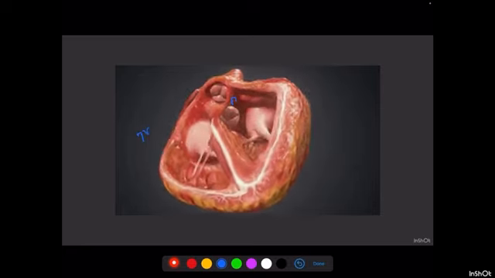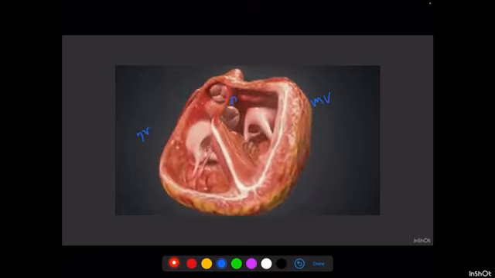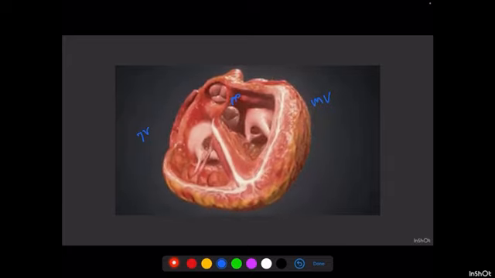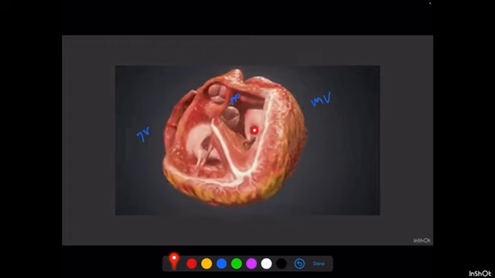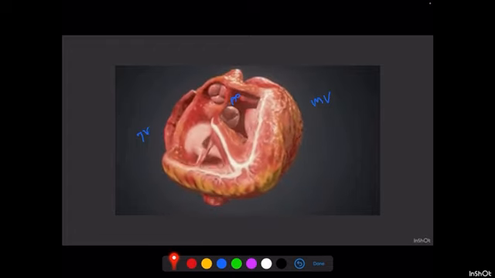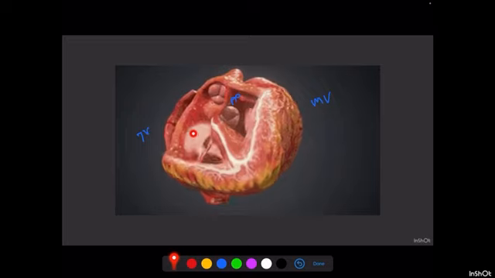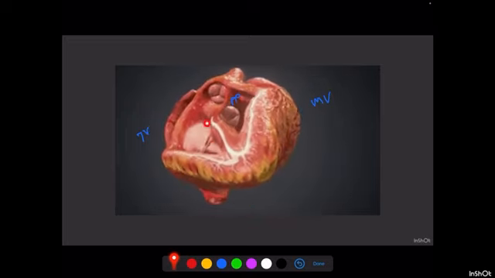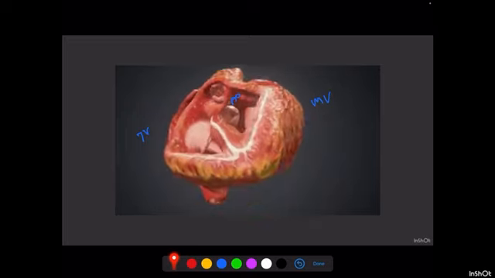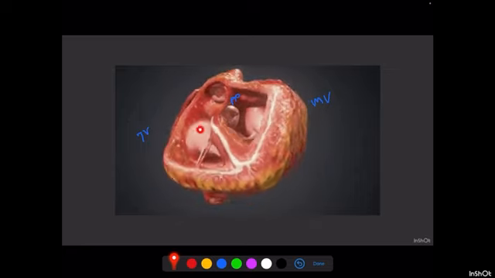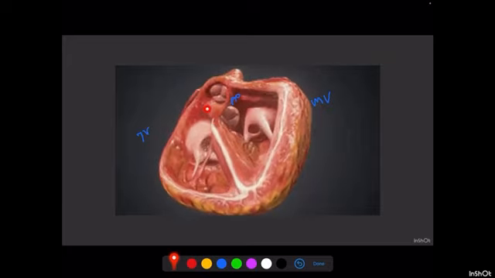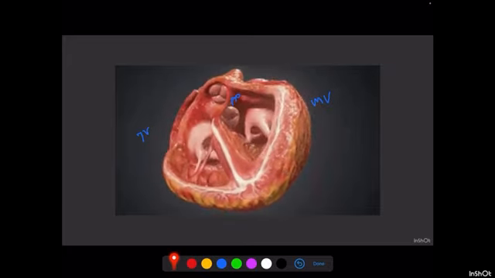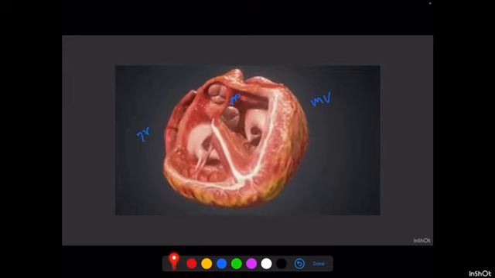This is tricuspid valve and this is the mitral valve. This is the aorta. The blood will flow from here to here, whereas here on the right side the blood will flow like this to this side. So now you can see that the distance between the tricuspid valve and the pulmonary artery is very high.